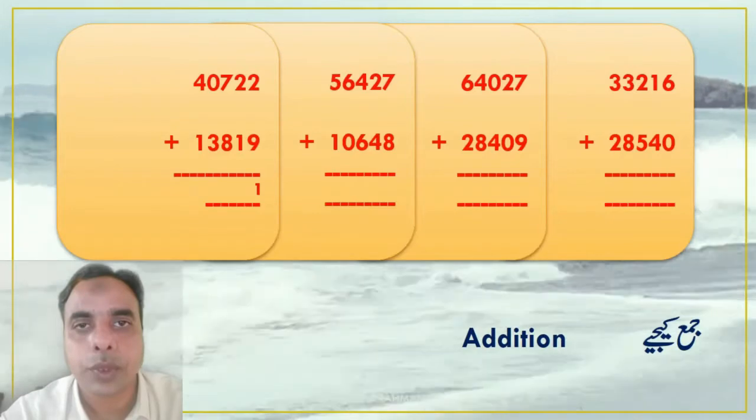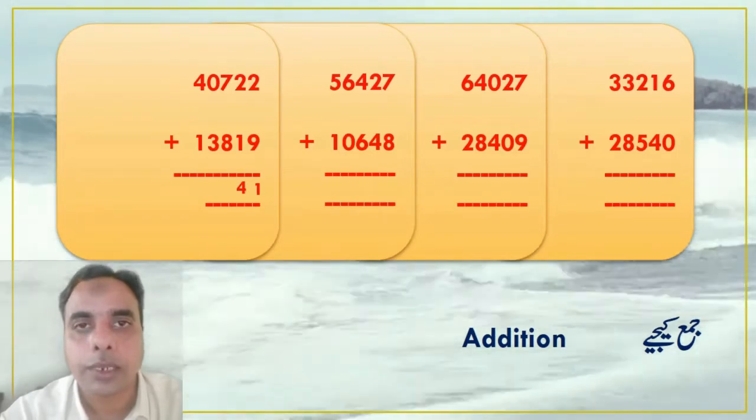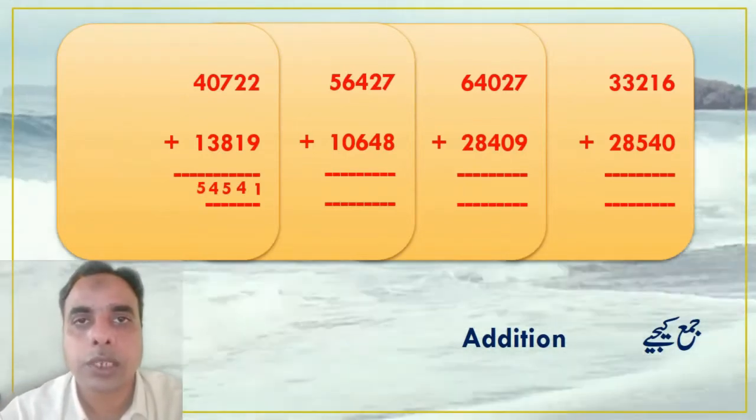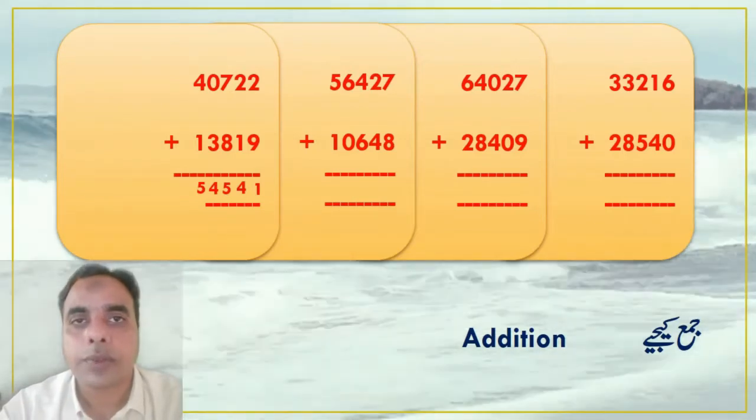So 1 plus 2 is 3, 3 plus 1 is 4. So the answer will be 4. Thereafter 7 plus 8 is 15, and 1 will be carried here. So 1 plus 4 is 5, then 4 plus 1 is 5. So the answer will be 54,541.